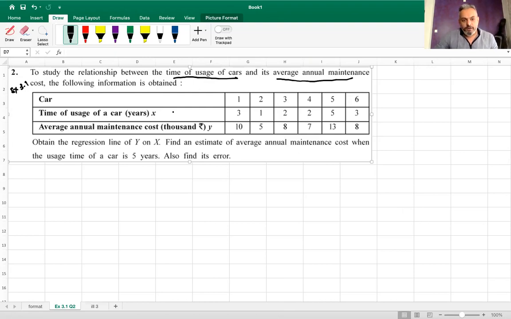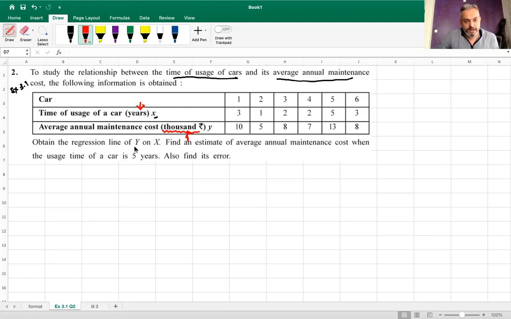Time of usage of car X, annual maintenance cost, now see, this is important, in 1,000 rupees, that is Y. So X is expressed in terms of years and Y is expressed in terms of thousands. So this is not 10 rupees, it is 10,000, 5,000, 8,000, 7,000, 13,000, 8,000. Please be extra careful about this.